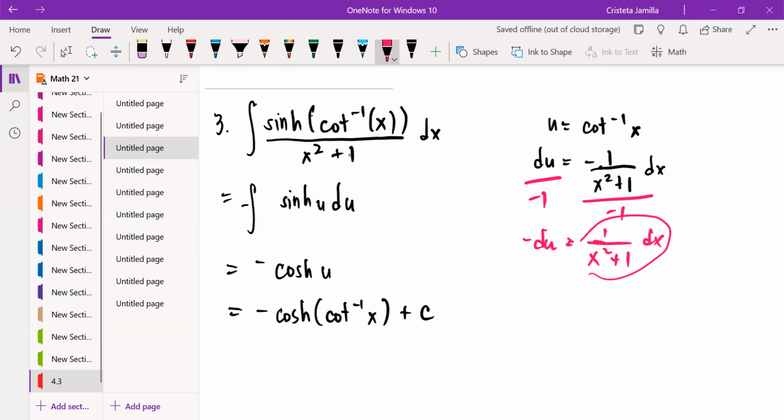Therefore, our integral is the integral of negative hyperbolic sine of u du. The integral becomes negative hyperbolic cosine of u, and then plug in the value of u, so that is cotangent inverse of x, and then add plus c.